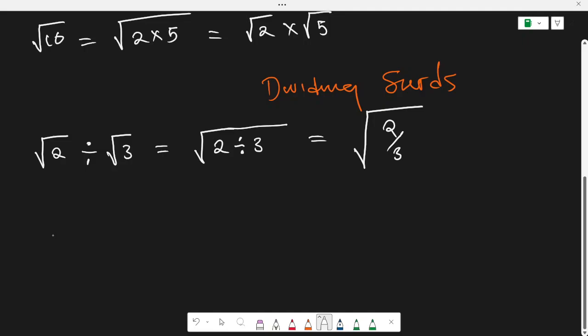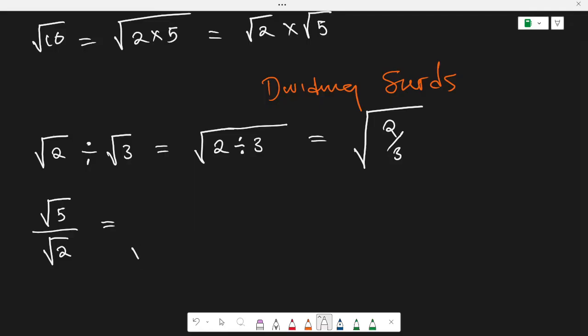Again, this is the same as, say, you have root 5 over root 2. This can be written as one whole square root where you have 5 inside and over 2. It's one and the same thing.